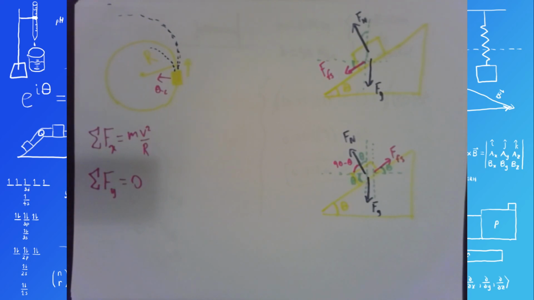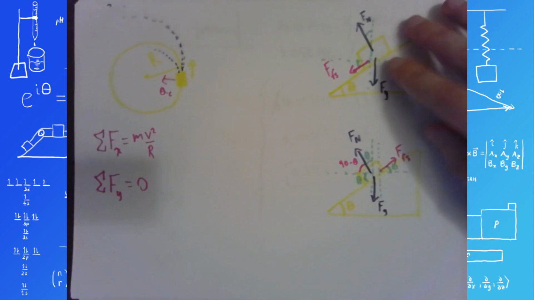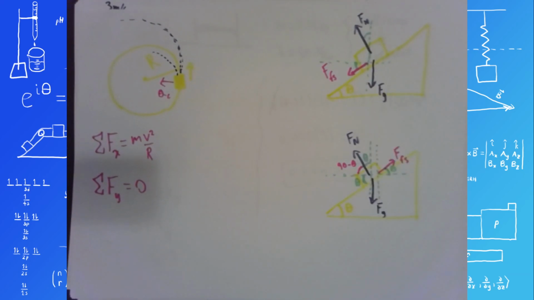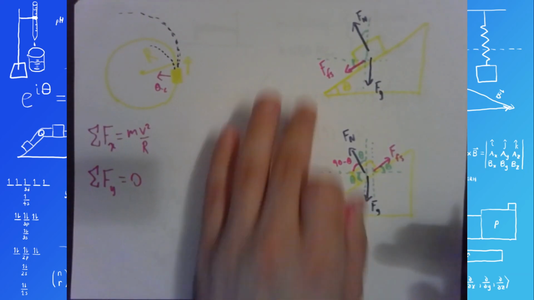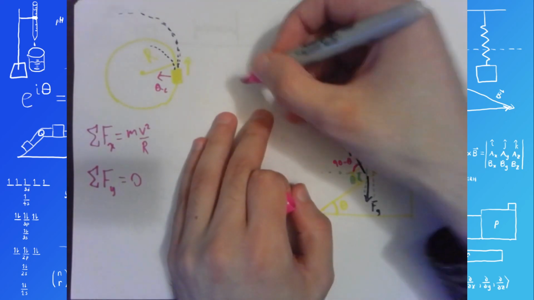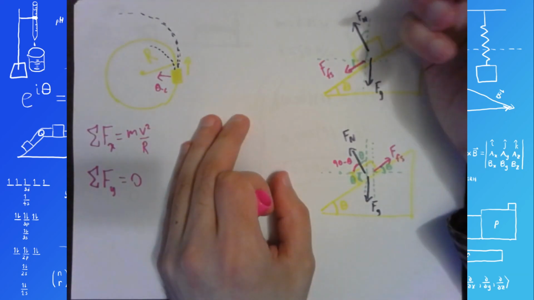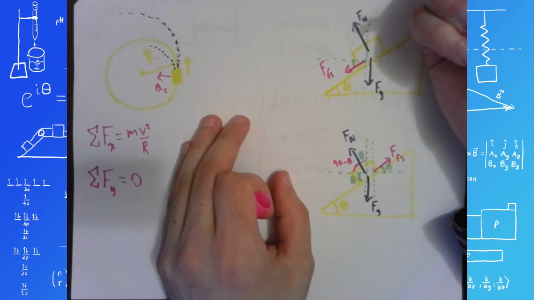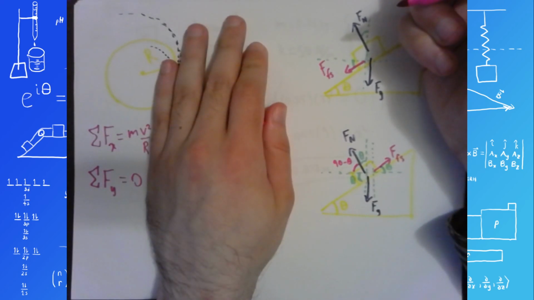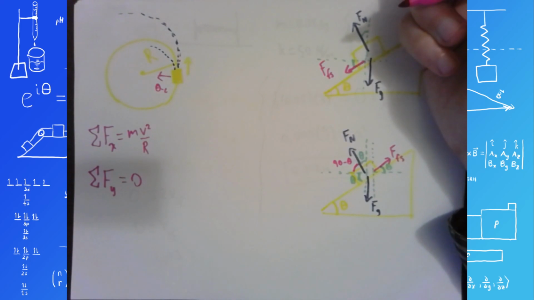What color do I want to use here? Actually, I don't think I want to draw any more on top of these. So what I'll do instead is, for this one, I'm gonna draw the other vector components off to the side. Would that be a good idea? You know what?